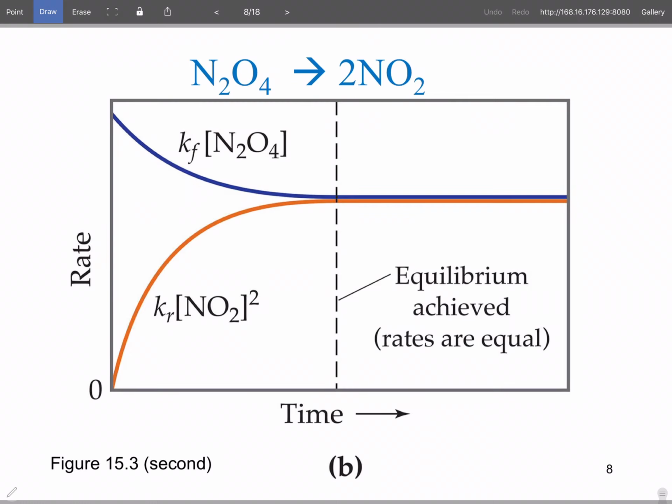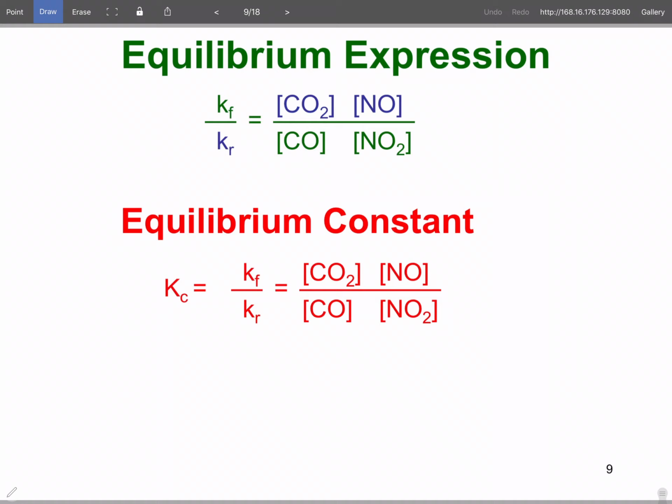Here's the same slide again. We saw with the leveling off, and now we've got it with respect to rates. So there's your reactant, and there's your product. Here's your equilibrium position. So what happens if we ratio the forward over the reverse?